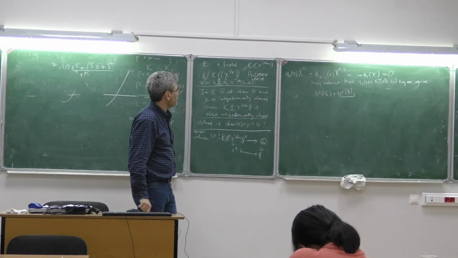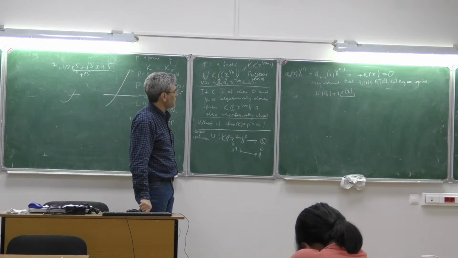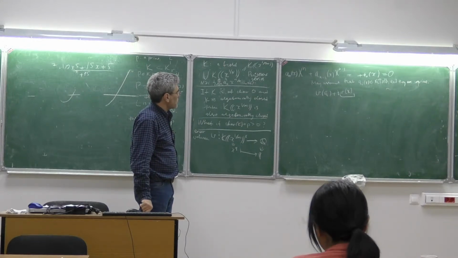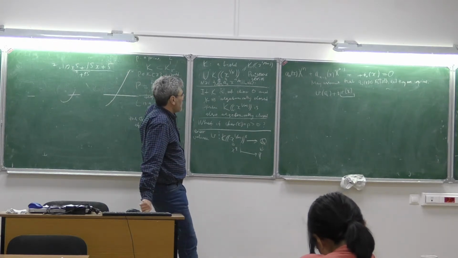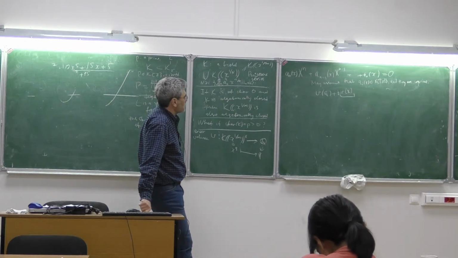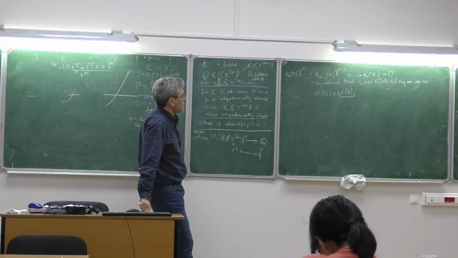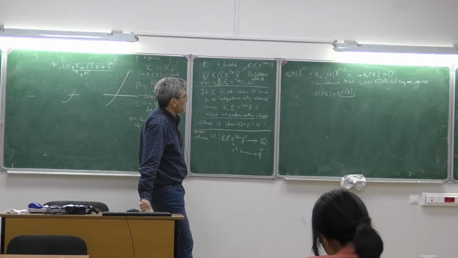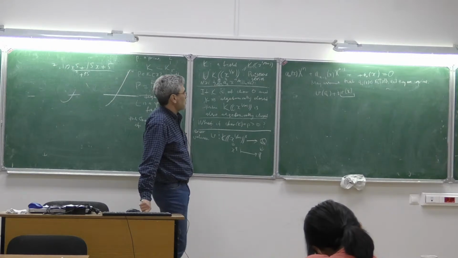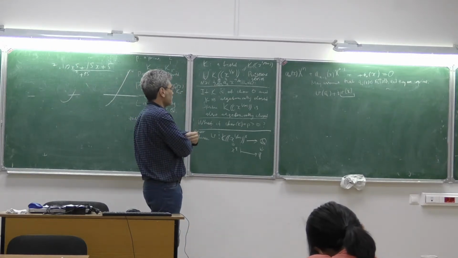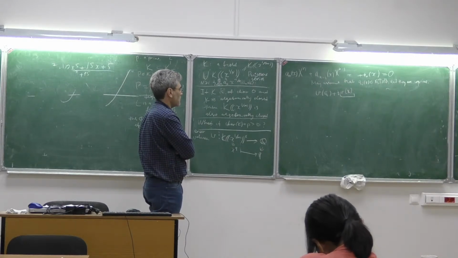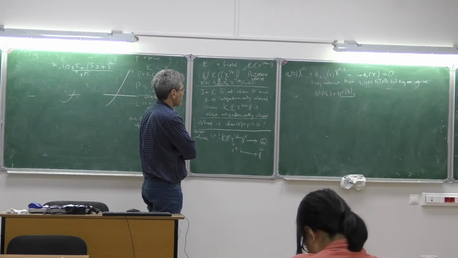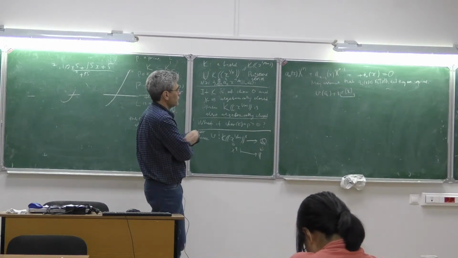We want it to be 0. So how could we choose it?